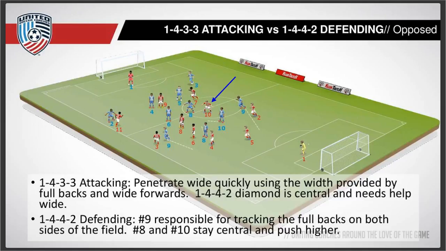But because of the close proximity the 8 and the 10 has to the number 6, there would be times when the 6 may have their hands full, and so now the number 8 on either side would then track back the number 10. So I think given the nature of how Paul had set up the central midfield, that'd be the way that we would deal with forward runs by your central midfield.